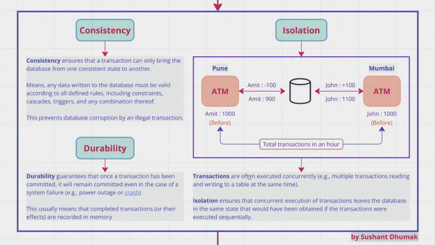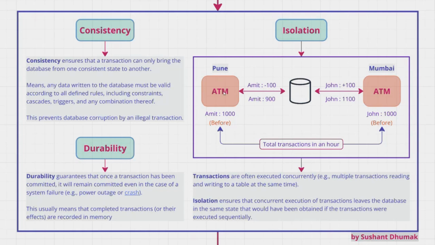So here, before jumping into this diagram, I would like to mention that transactions are usually executed concurrently. That means multiple transactions, whether reading or writing to a table, are happening at the same time. But for each transaction to be considered isolated, it must not interfere with one another. Meaning a transaction should not see the intermediate state of another transaction.